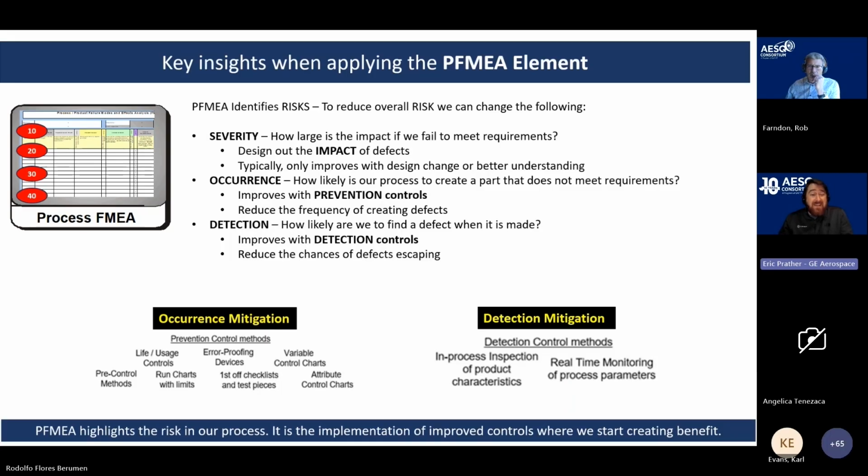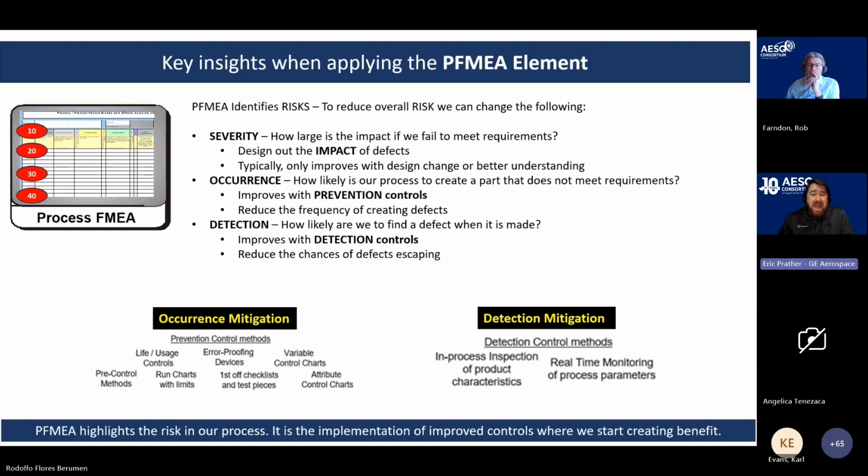We want to know how bad is it? So to improve our severity, we can design out the impact that we have in our defects. Typically, we're only going to improve severity through design change or a better understanding of our process, right? It's hard to put in controls around severity that don't really change the part fundamentally.